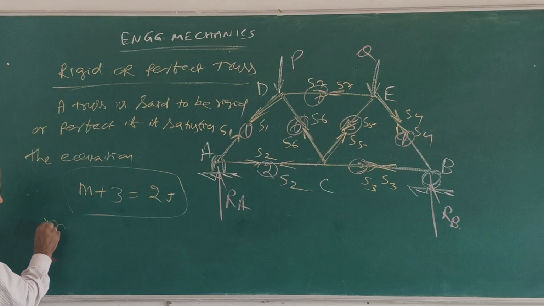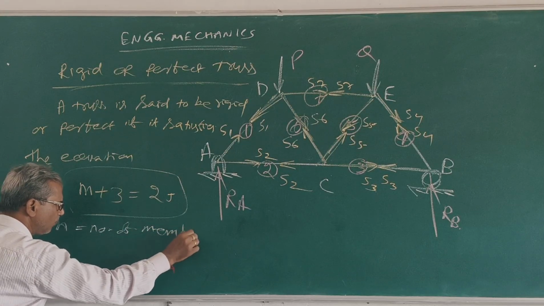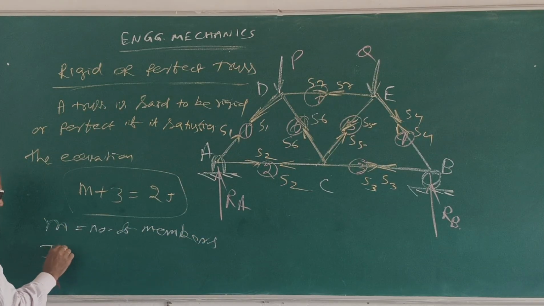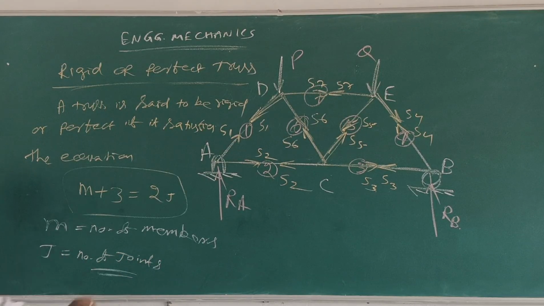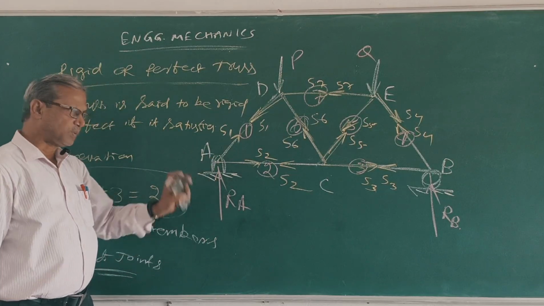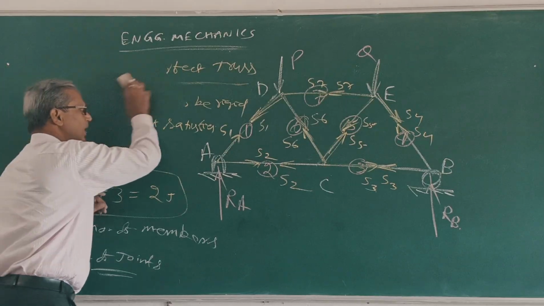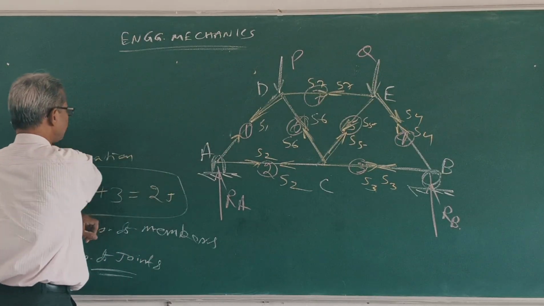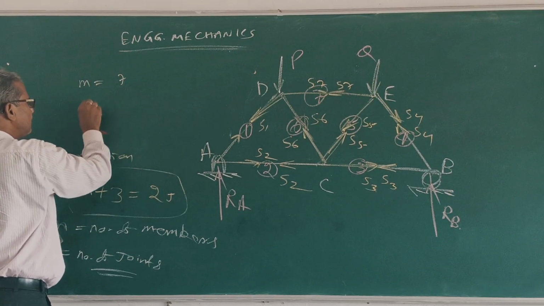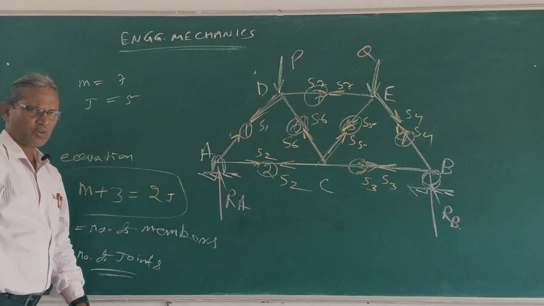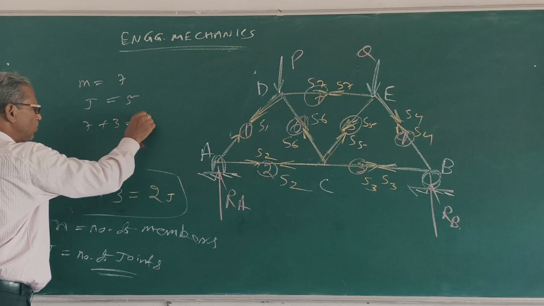Where m is equal to the number of members, and j is equal to the number of joints. Clear? Come to this figure. In this figure, what is m? m is equal to 7. j is equal to 5, the number of joints. So m + 3 is 7 + 3 equal to 2 into 5.